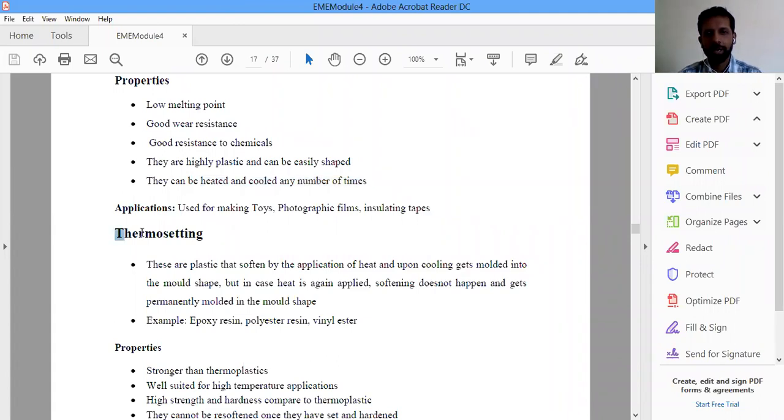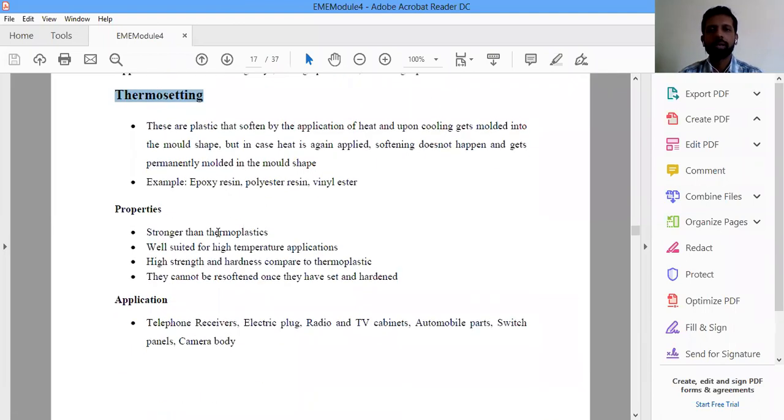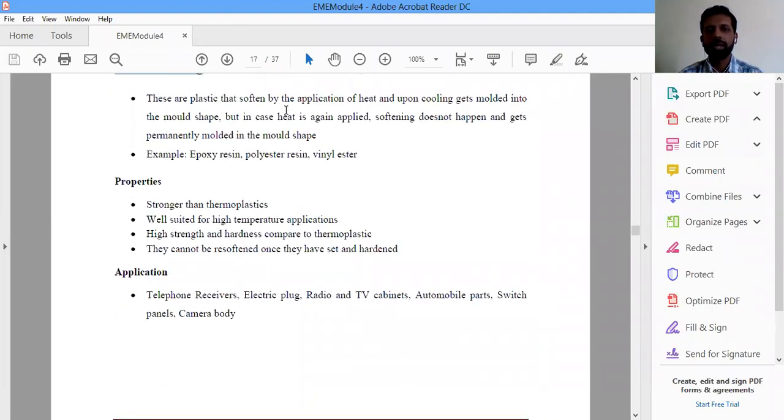The other type of polymer is thermoset polymers, or thermosets. What happens here is that on application of heat and cooling, they take up the shape only once. The next time we do it, they will not get soft; though they may melt, they will become very hard, and they cannot be molded to any other shape the second time.